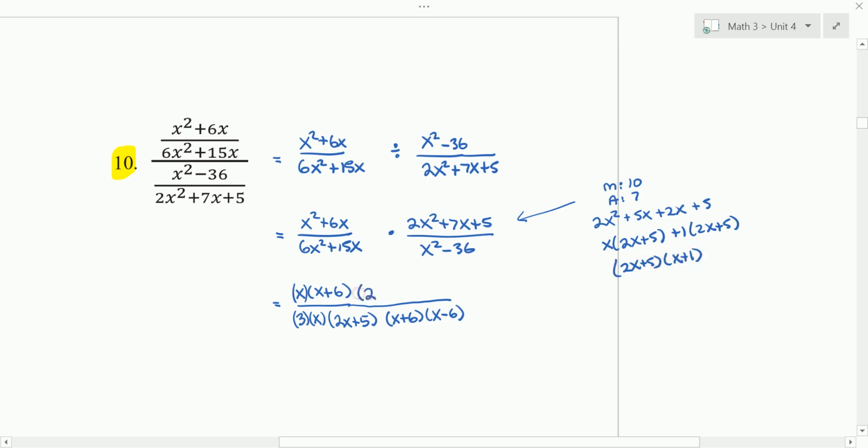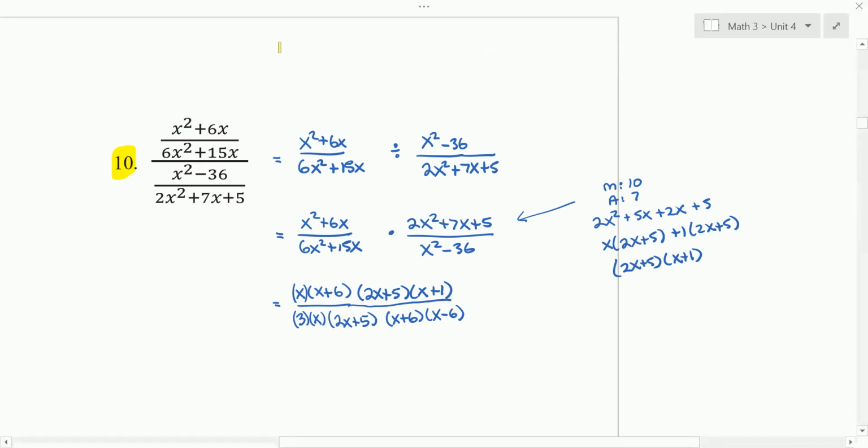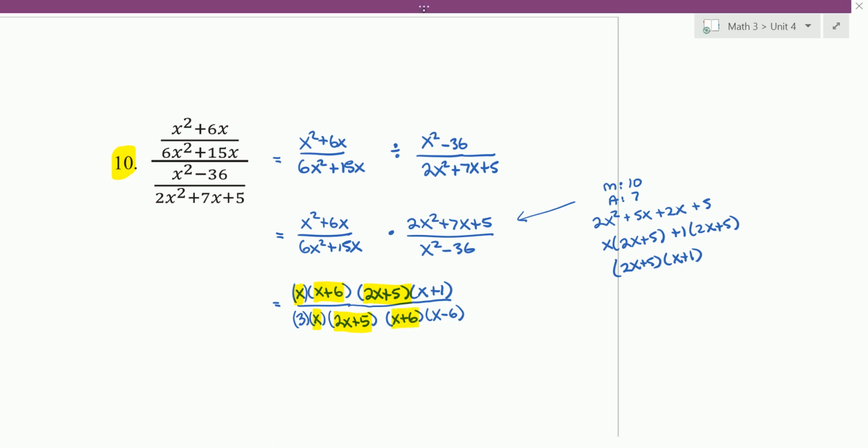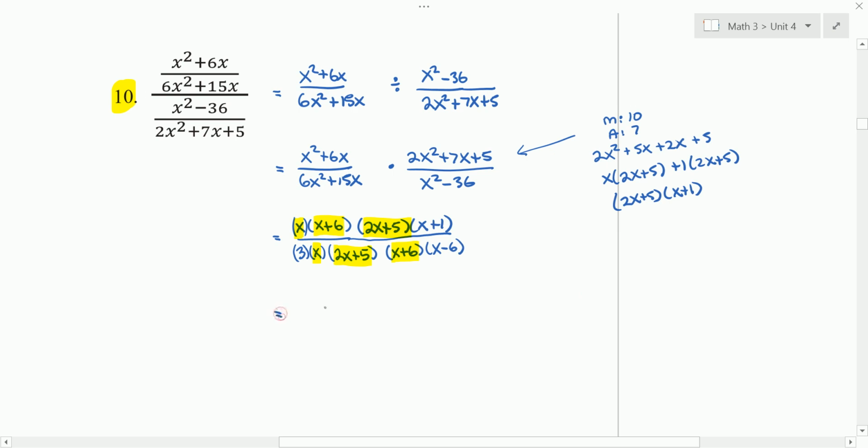So 2x plus 5 times x plus 1. And then we can divide top and bottom by x, we can divide top and bottom by 2x plus 5, we could divide top and bottom by x plus 6. After doing that, we end up with x plus 1 in the numerator and 3 times x minus 6 in the denominator.